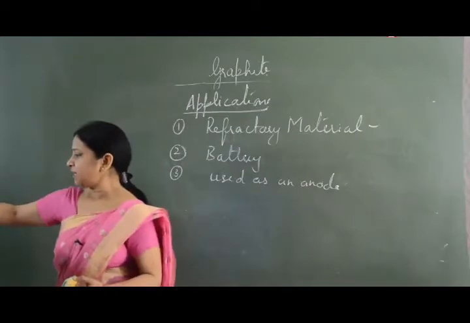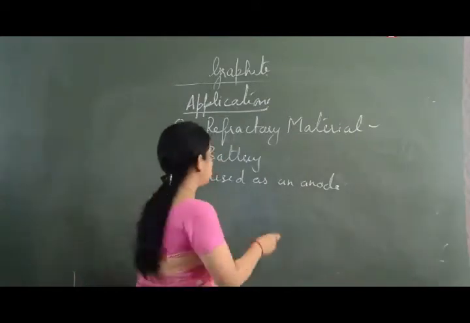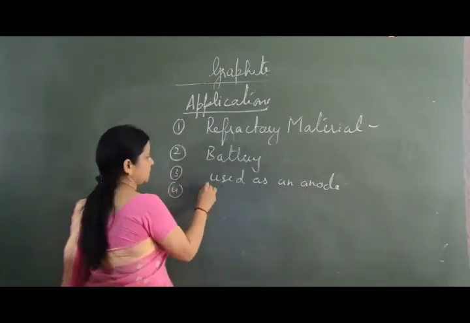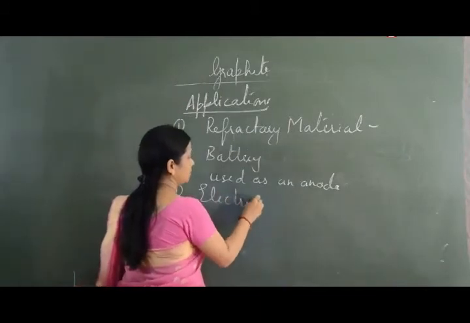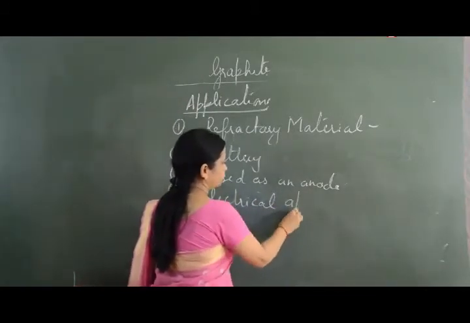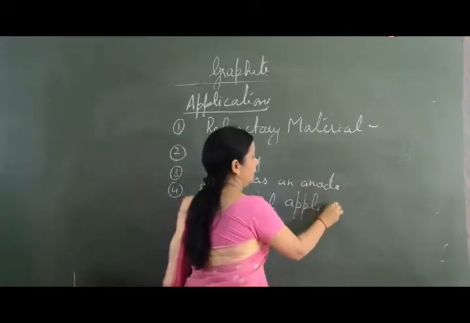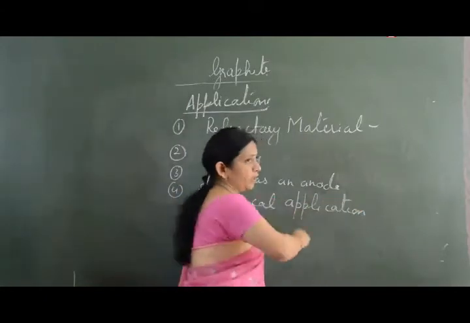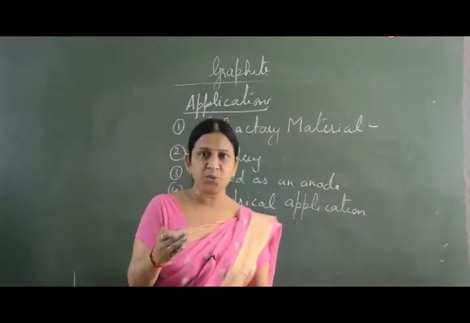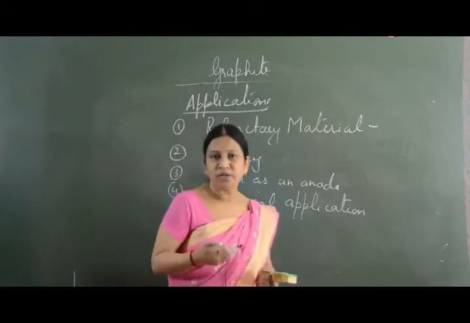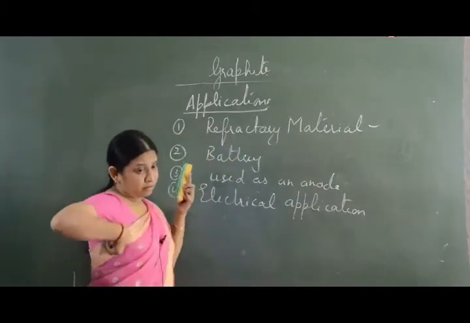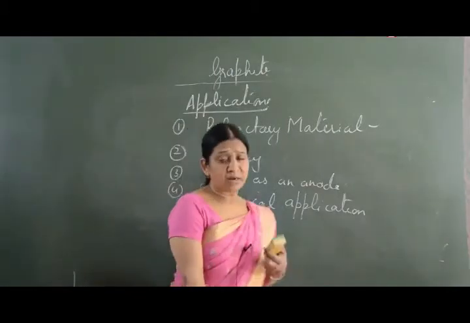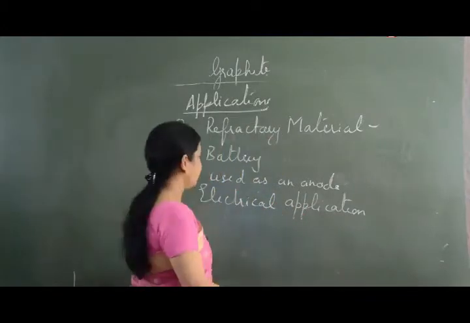Then it has electrical applications, for example, the carbon brushes which are used in electrical motors are made up of graphite. So that is the electrical application of graphite.